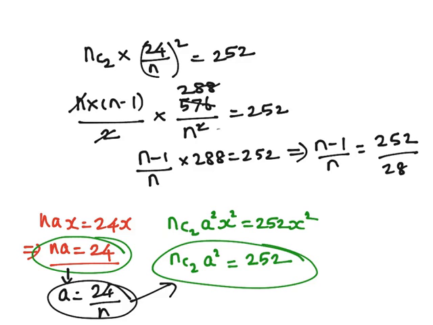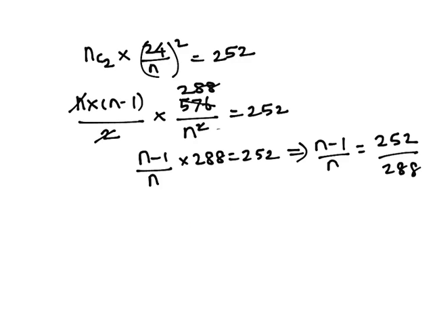Let me erase what I've written down. Now when you cancel this, it will go to 7 by 8, isn't it? So we'll cross multiply: 8n minus 8 equals 7n, which means n equals 8. So the value of n is 8.